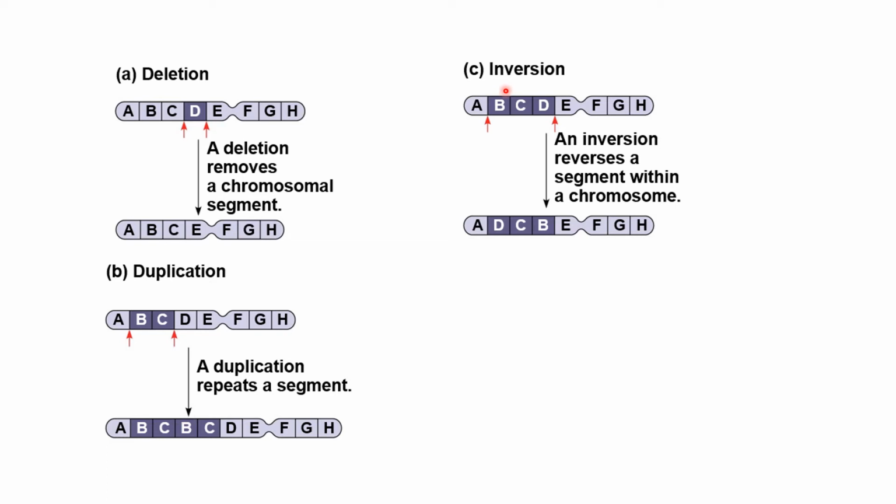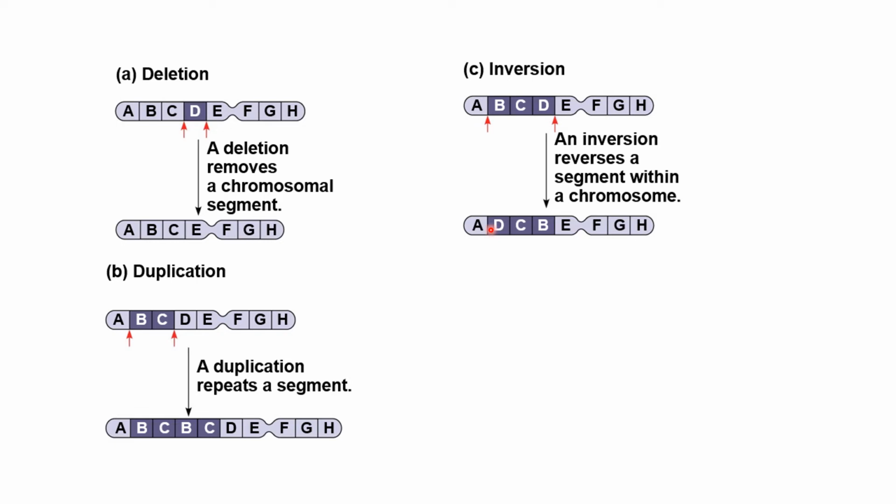Inversion. This is where the reading frame changes entirely. So normally it's B, C, D. We break both strands of the DNA. We flip it. So this portion here ends up down here, and this portion here ends up down here.